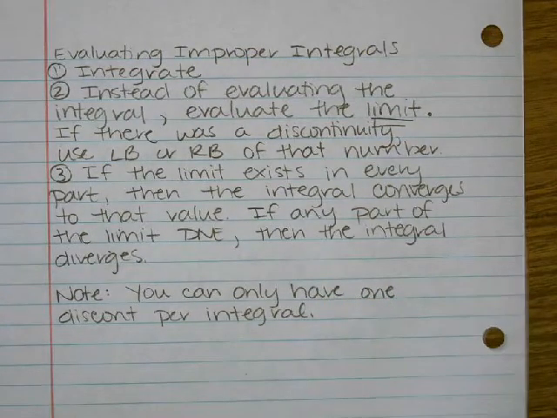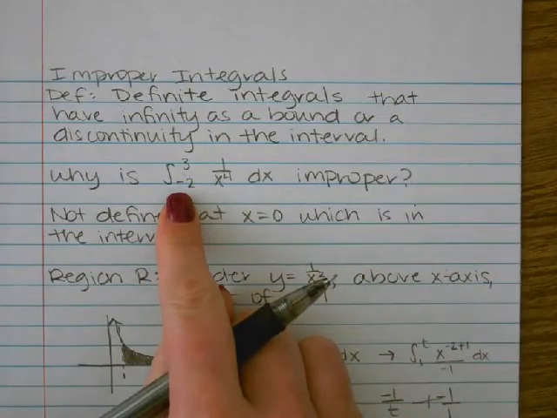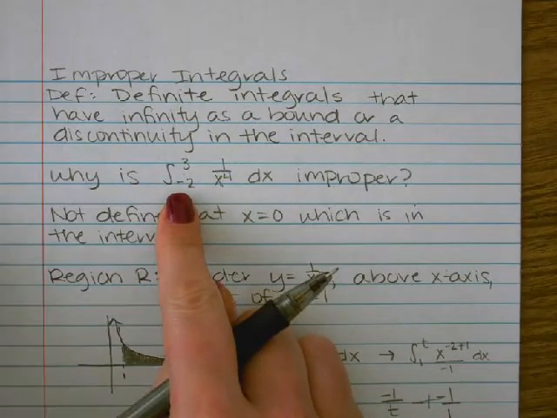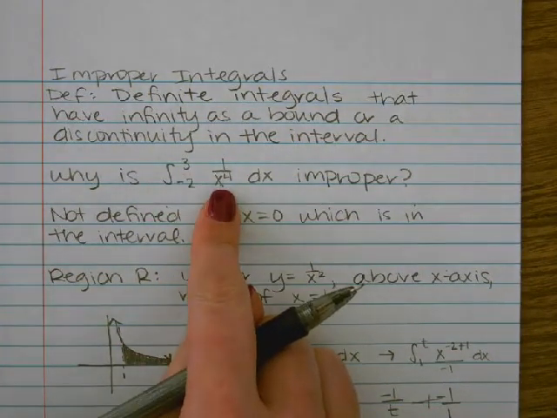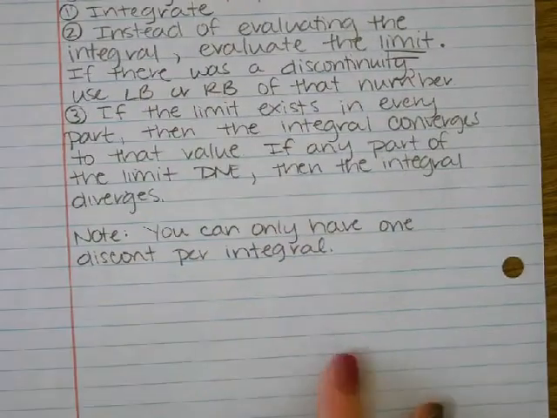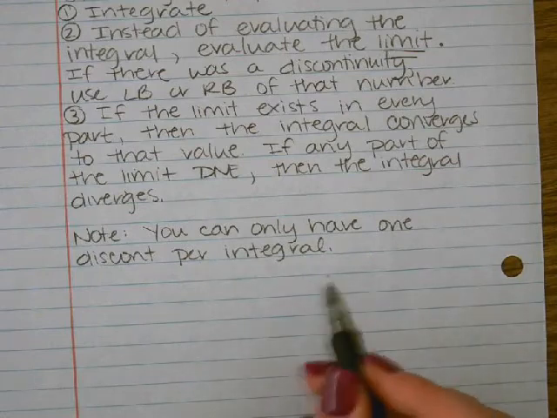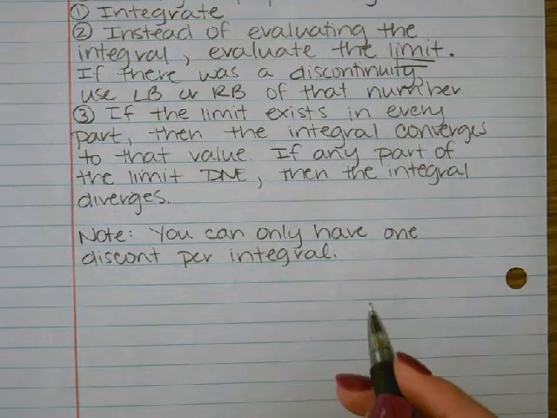So if we look back at this one right here, you could not look at this integral and say from -2 to infinity, because infinity would be a problem, but also the fact that it has 0, it'd have two issues. So you can only have one discontinuity per integral. If you have more than one, then you need to split the integral up.